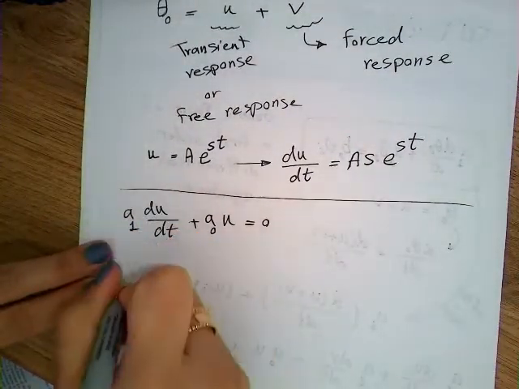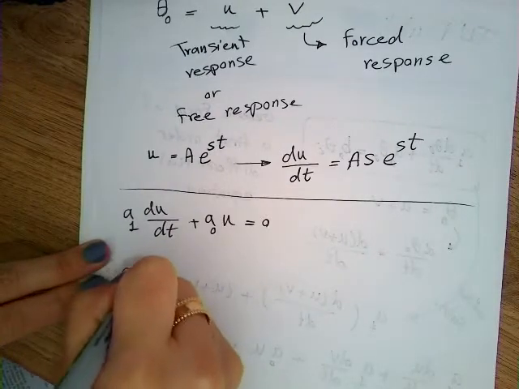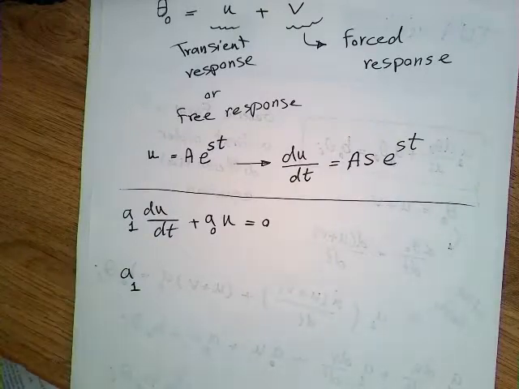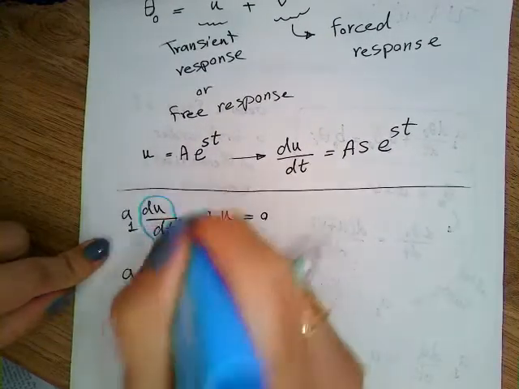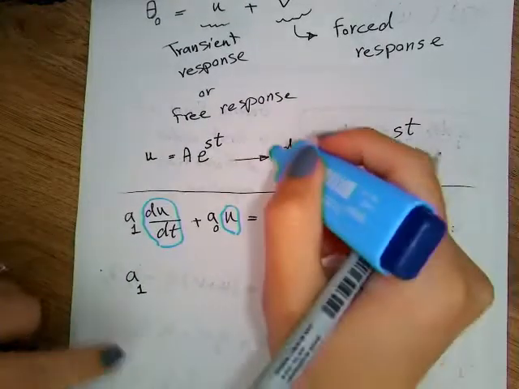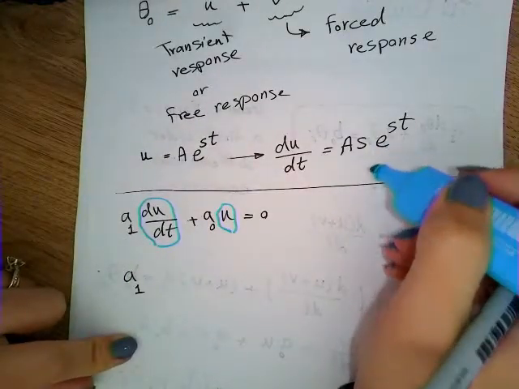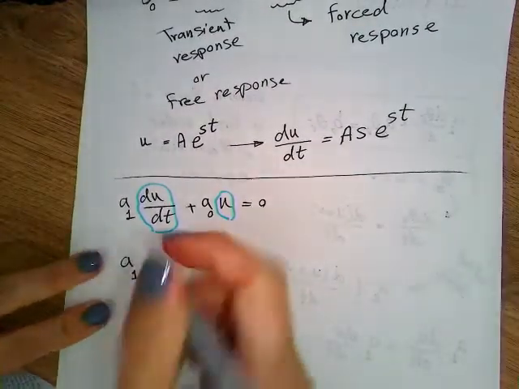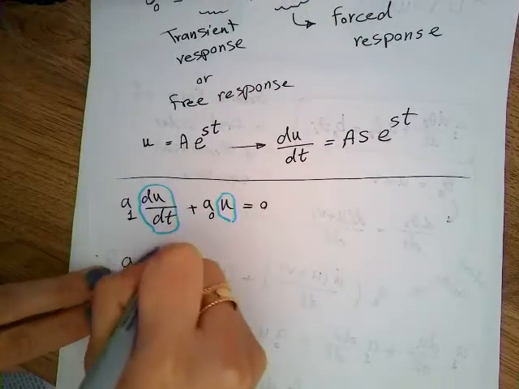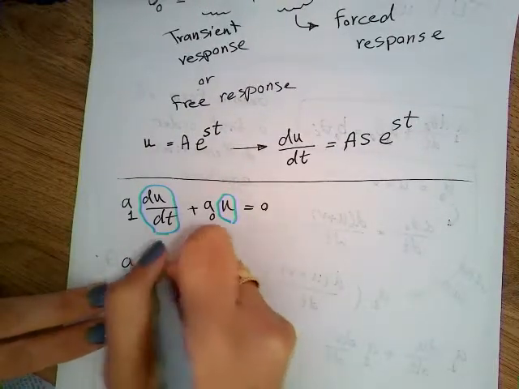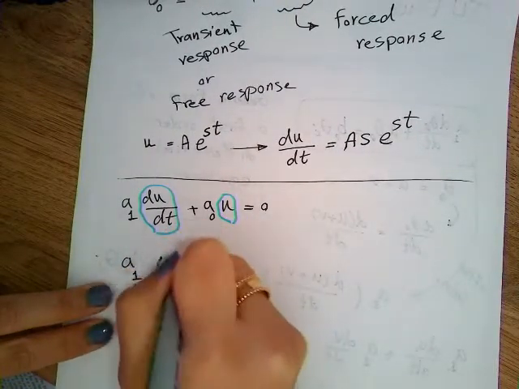I'm going to replace that, so I will have a1, the amount of that. I'm going to replace that and replace that. So I'm going to use the one that is here and the one that is here. So I have this constant a, which we are going to look at, what it is.